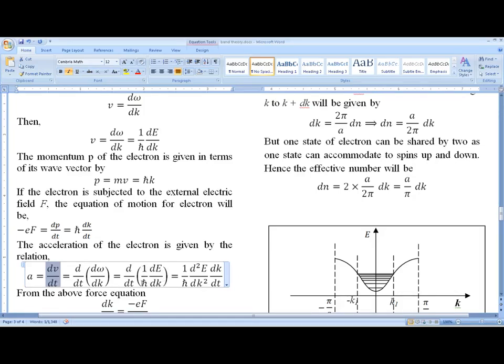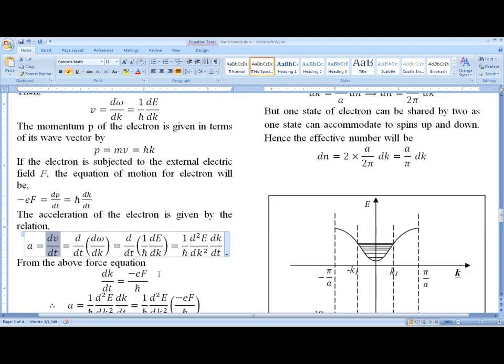As h cross is constant, you can pull it outside, and using the chain rule, because the function is with respect to k, you can write this as d by dk of this into dk by dt.